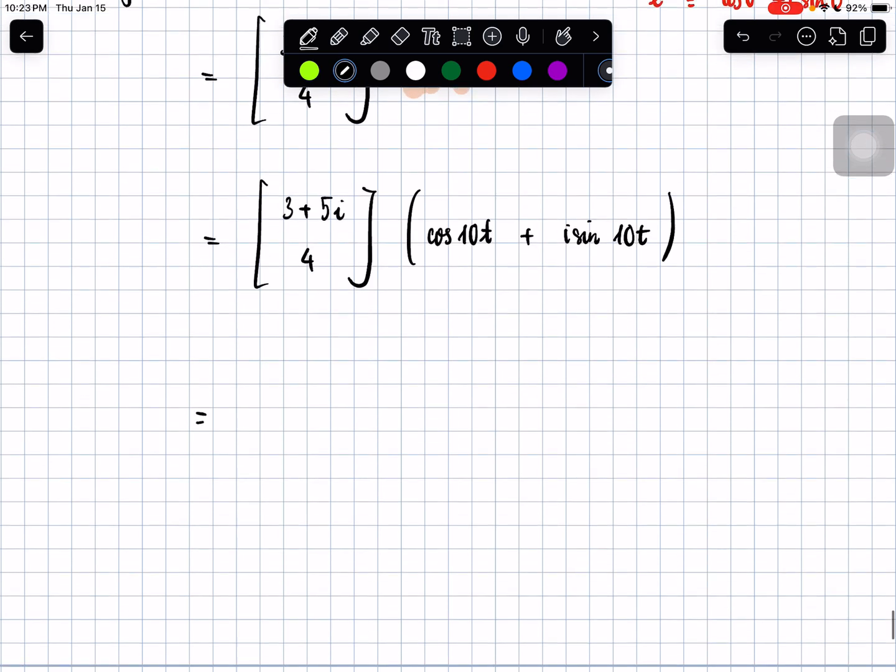This one is 3 cosine 10t plus 5i squared sine 10t. So I put on the real part, and imaginary we have 3i sine 10t plus 5i cosine 10t.